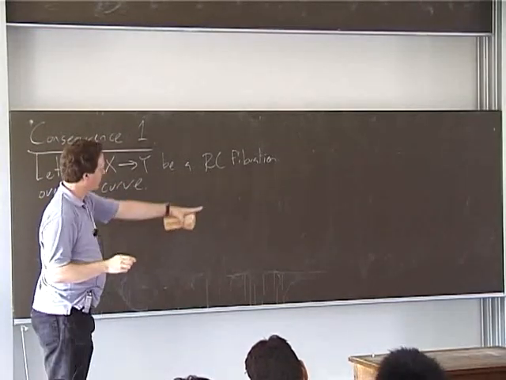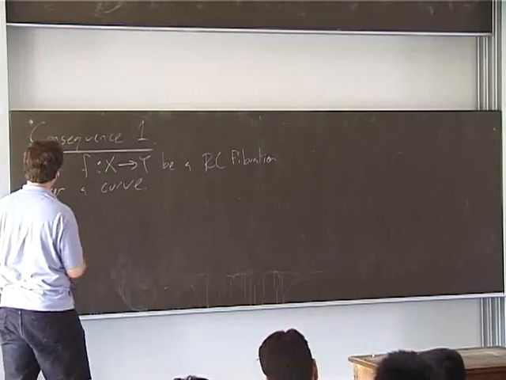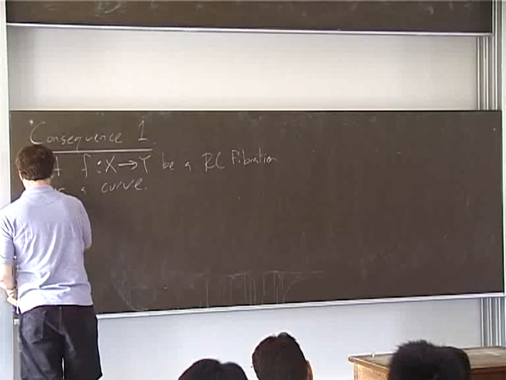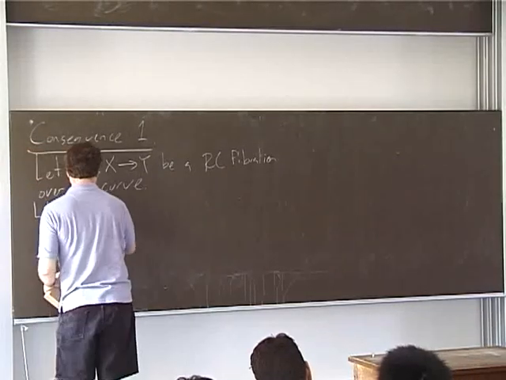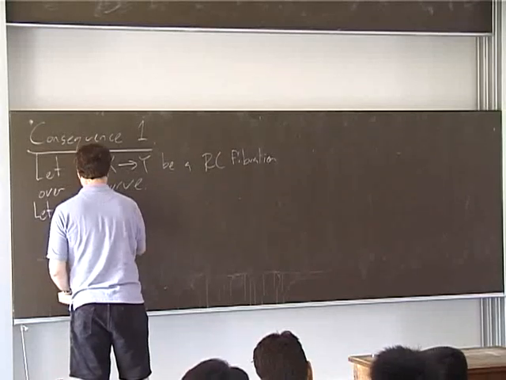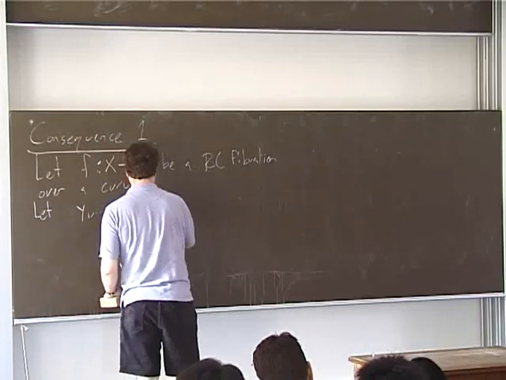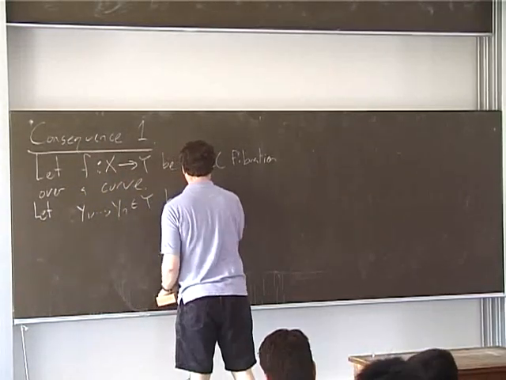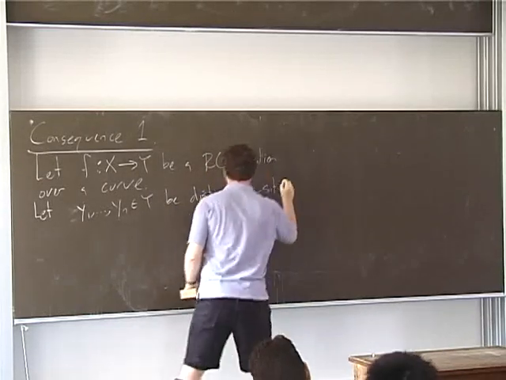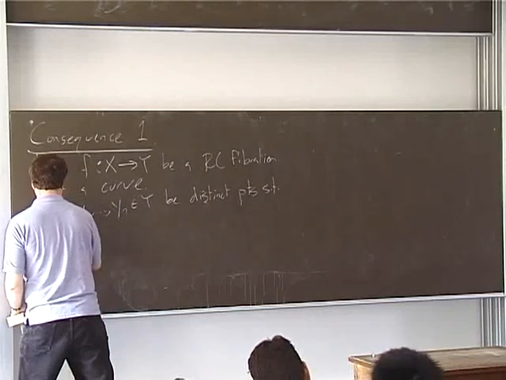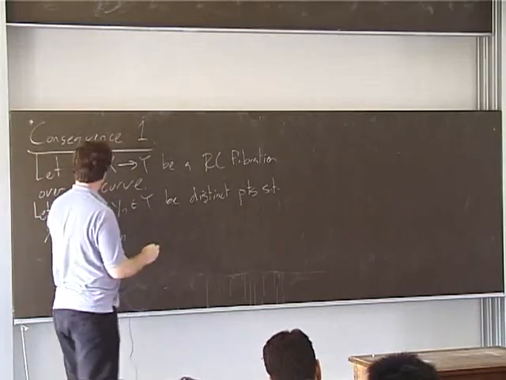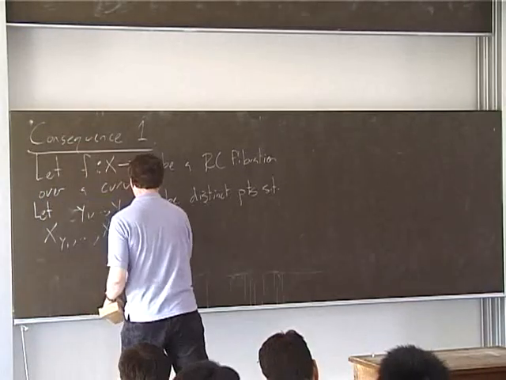Then the theorem tells you that there exists one section, but what these guys recognized is: let y1, y2, well, any collection of points actually, be distinct points such that the fibers x_y1, ..., x_yn, the inverse images of these points, are smooth.